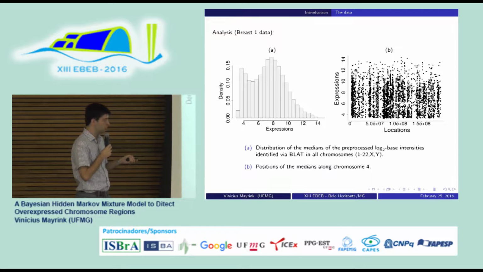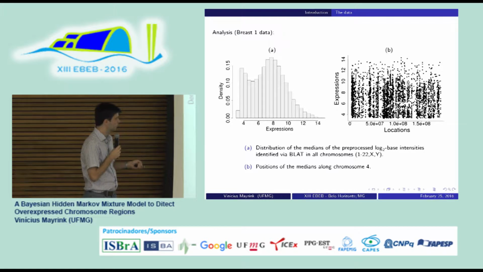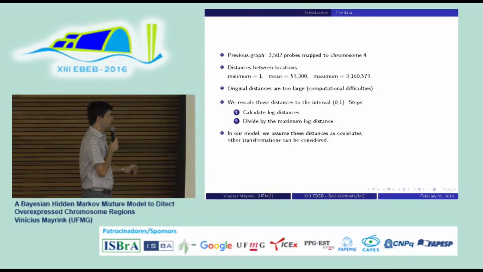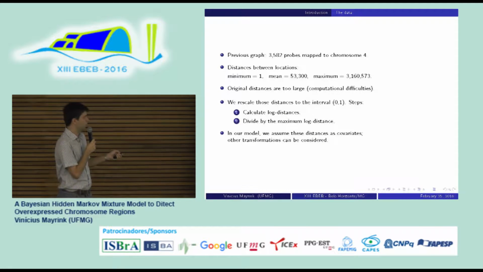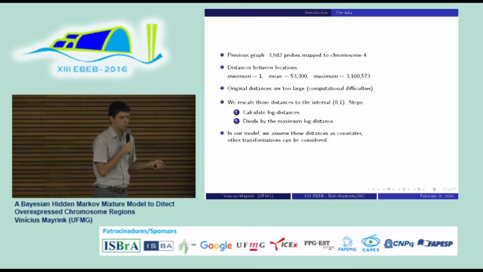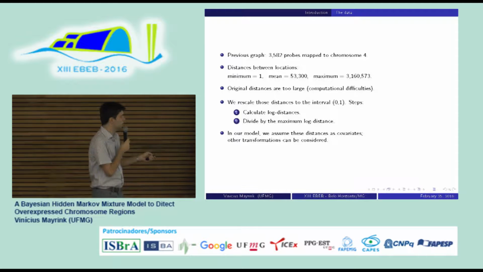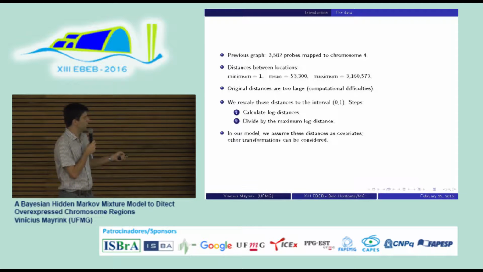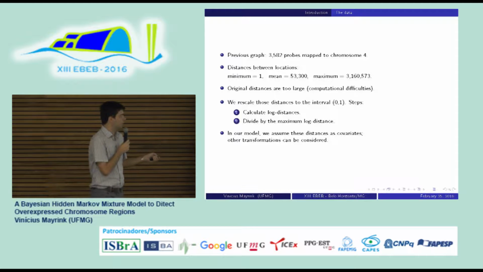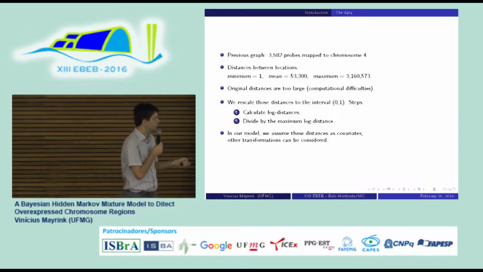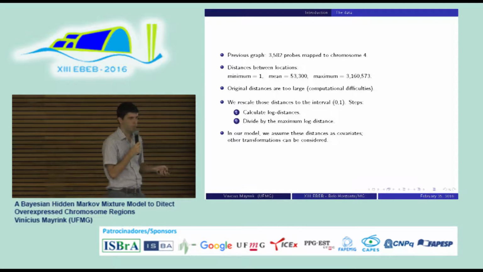So we are going to use those distances as covariates in our model. So in the previous graph, we have 3,000 probes mapped to chromosome 4. And just to give an example, these are some descriptive statistics about the distances. The minimum is 1, the average 53,000, the maximum something above 3 million.